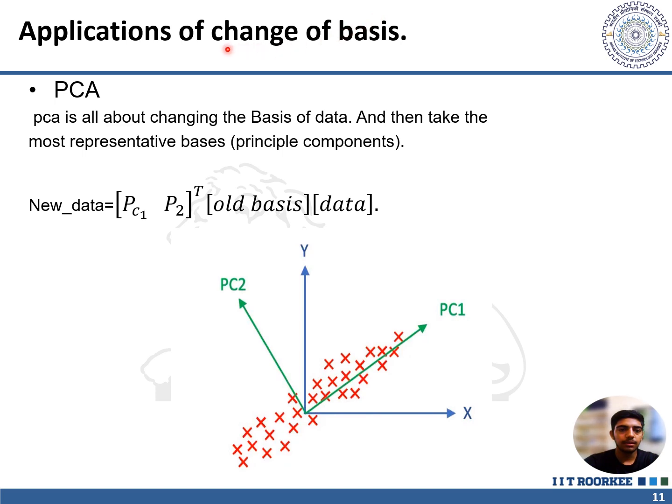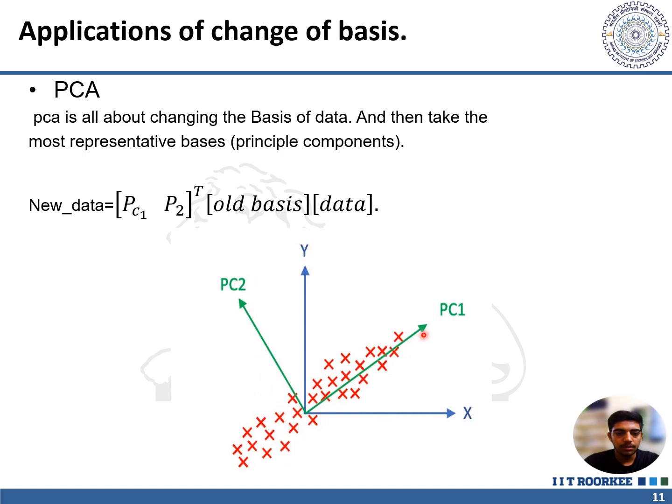Now we will see some applications of the concept of change of basis. In PCA, which is principal component analysis, our goal is to reduce the dimension of the data. So how does change of basis work in this? For example, if data is given in two dimensions, we need to project this data onto different bases, PC1 and PC2.